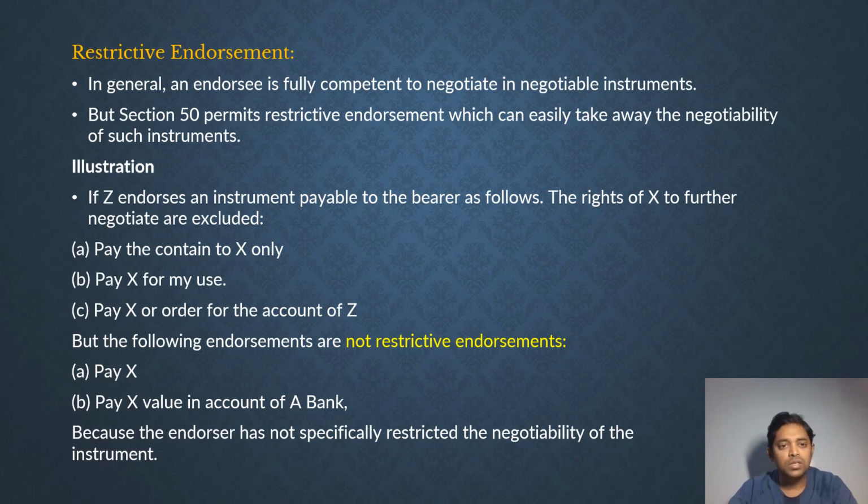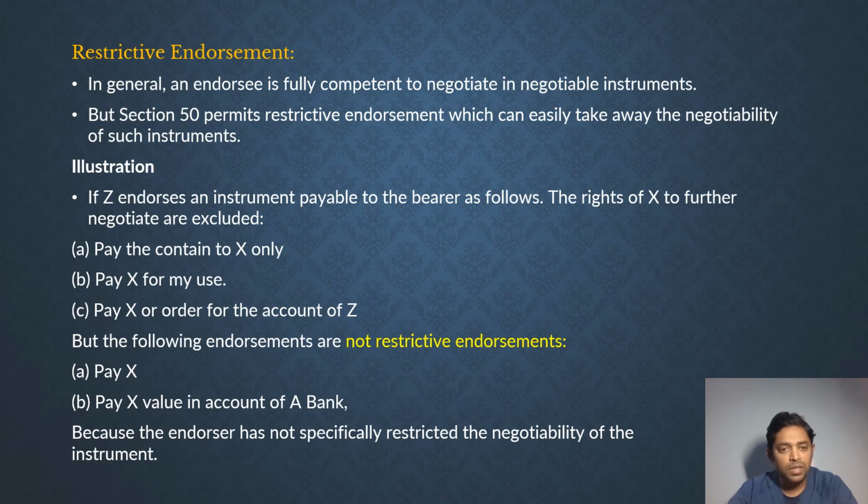Restrictive endorsement. In general, an endorsee is fully competent to negotiate negotiable instruments. But Section 50 permits restrictive endorsement, which can easily take away the negotiability of such instruments. Illustration: if Jed endorses an instrument payable to the bearer as follows, the rights of X to further negotiate are excluded.